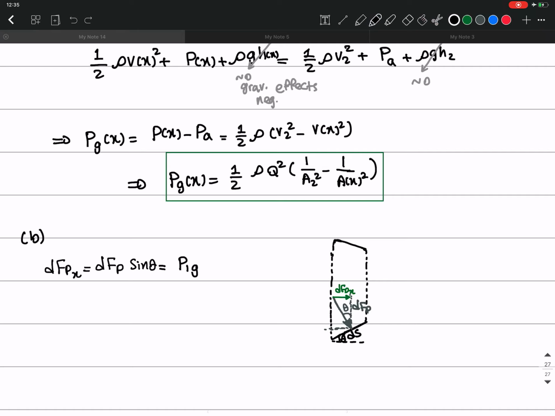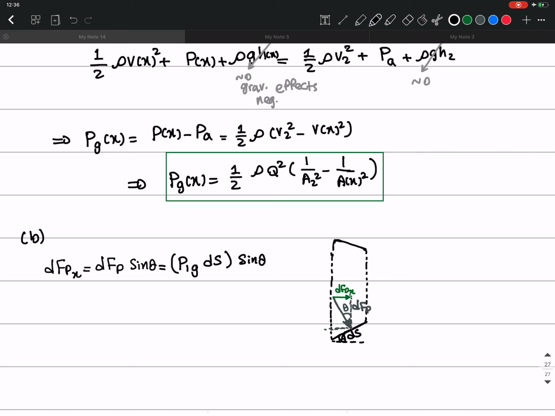So we only look at how much the difference is between the atmospheric pressure and the pressure of the fluid, so it's going to be the gauge pressure. So that's why I write P1G, the gauge pressure, times the area, ds. Okay, so ds is the area, the surface. So this is the force, and then you multiply this by sine theta. Okay.